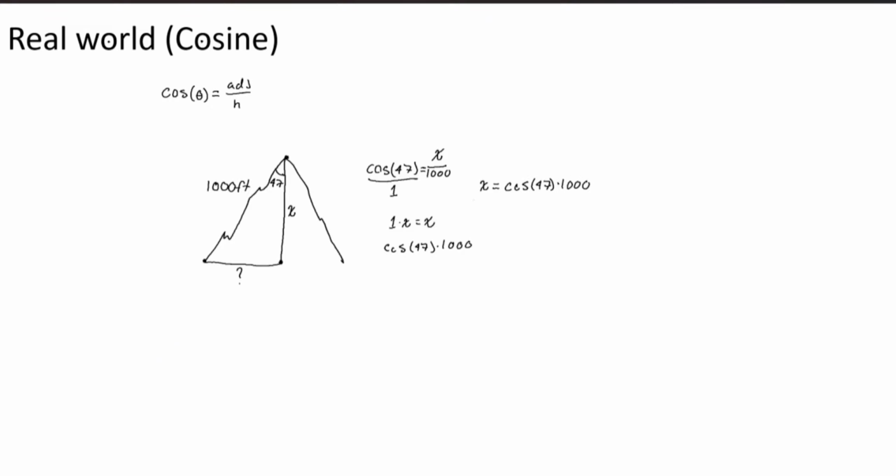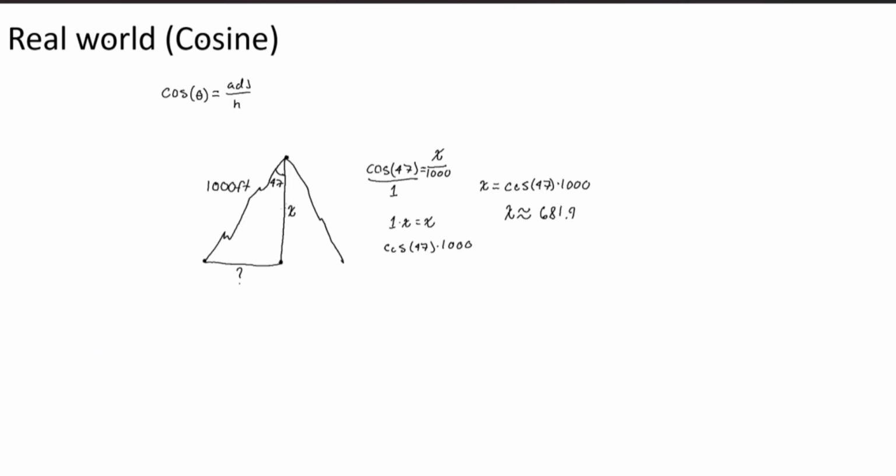And if we put this into a calculator, cosine of 47 times 1,000 is about 681.9. So we know that x is approximately 681.9.